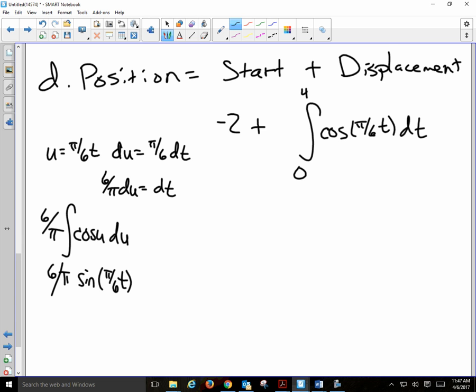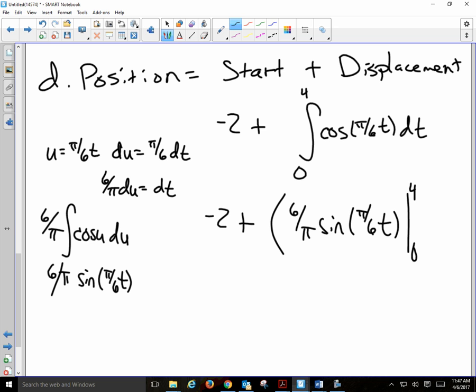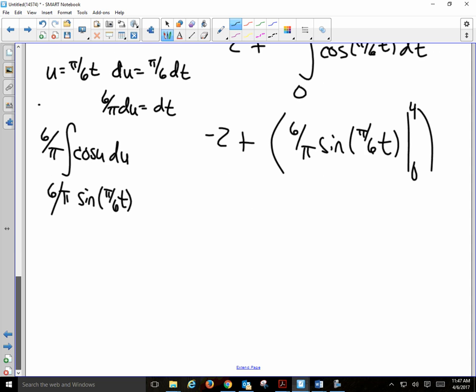Well, we've got to evaluate it at 0 and 4 and then add -2. So -2 plus our 6 over pi times the sine of pi over 6 t evaluated at 0 and 4. What's the sine of 0? 0. But the cosine of 0 is 1. So as long as we don't have cosine, we're okay.